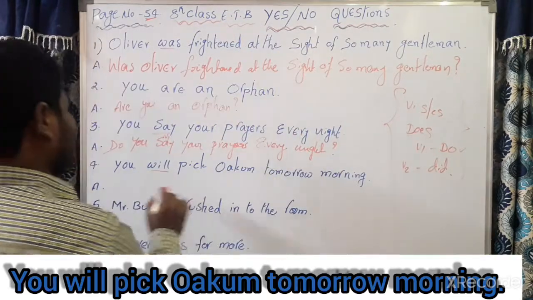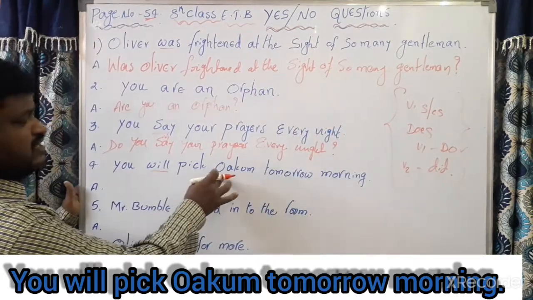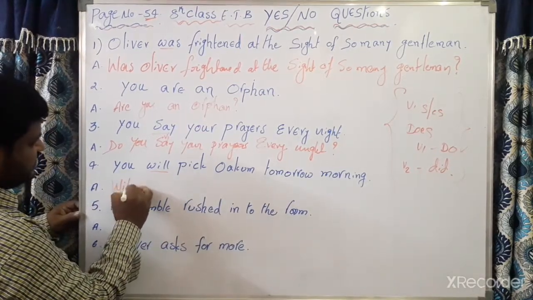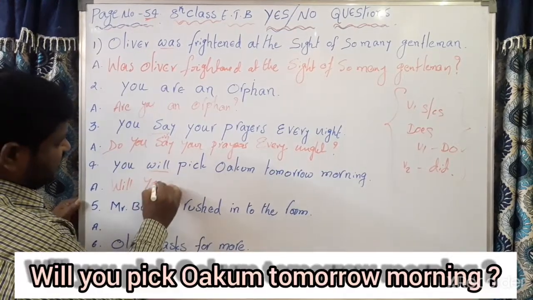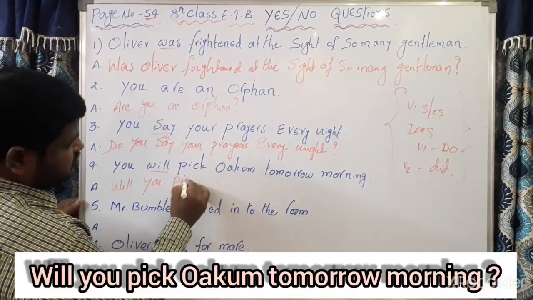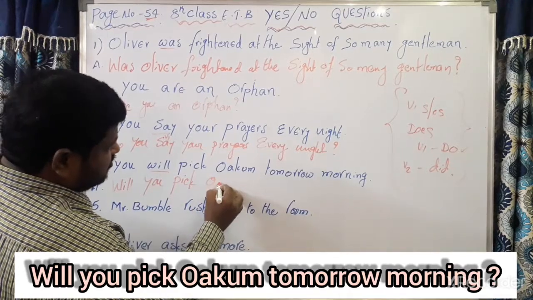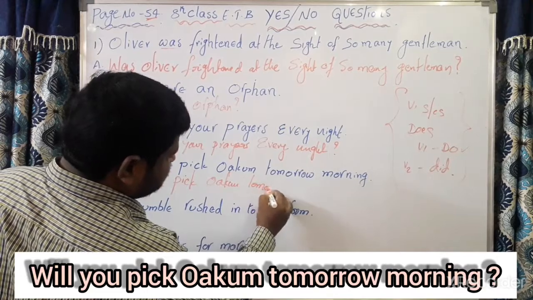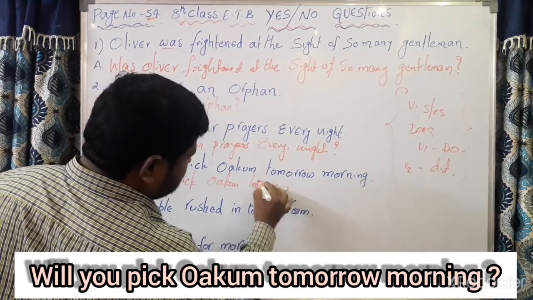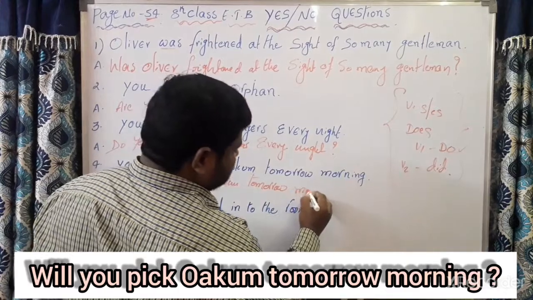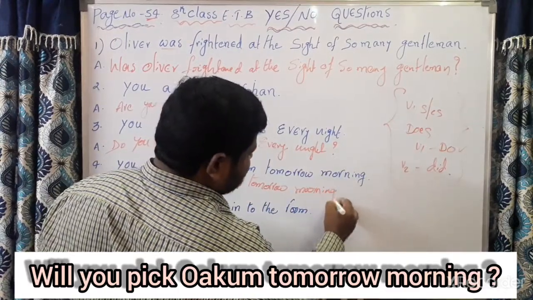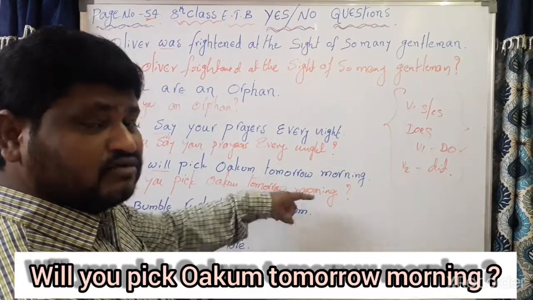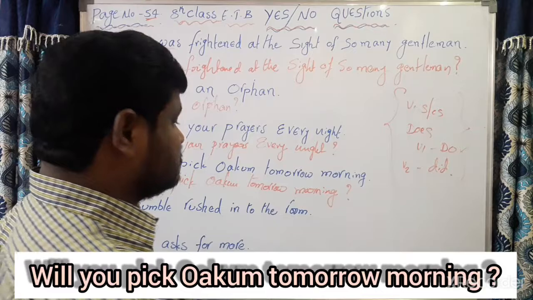Here we have a helping verb, so to change it into yes or no type, starting with that helping verb: Will you pick Oakum tomorrow morning? After finishing the sentence, you have to put the question mark. Why? Because we are changing into yes or no type questions.